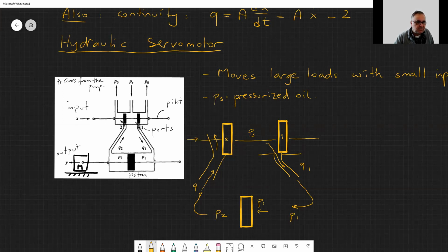This moves with X, and this piston moves with Y. Okay. So the X motion of the piston opens a port for very pressurized fluid to come in and push P1, push the other piston with an area of A, let's say. And then this moves in this direction, and the pushed piston displaces the fluid and lets it go to P0. And P0, P naught, is unpressurized oil, let's say.